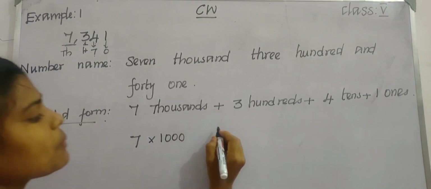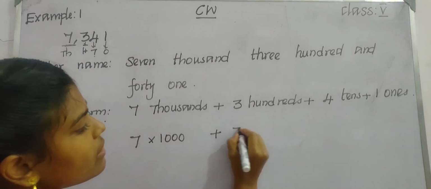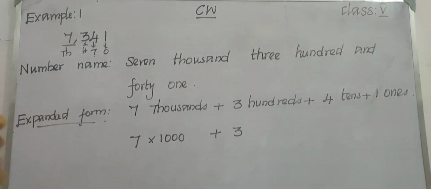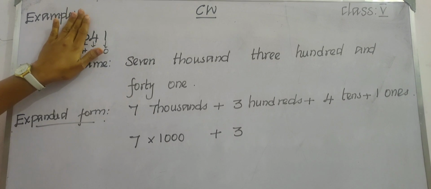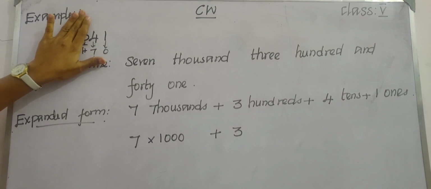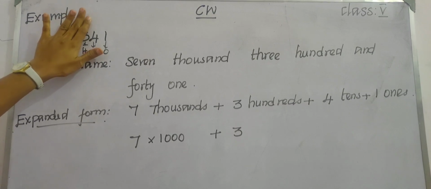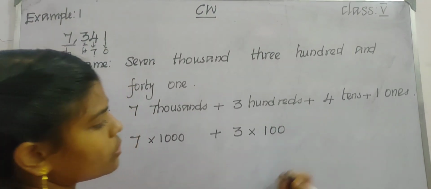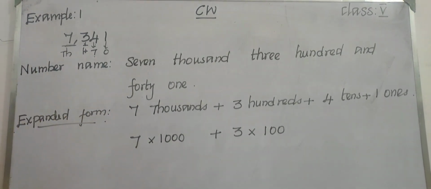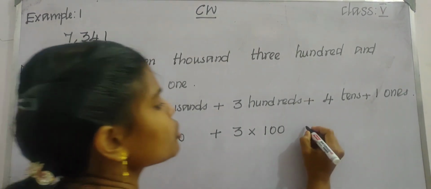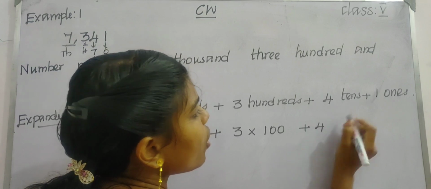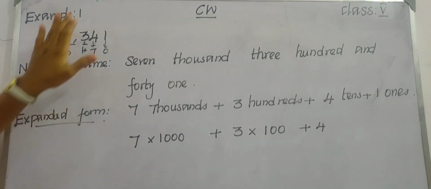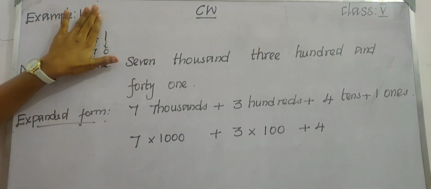And then put the plus sign and then we are having 3 hundreds, right? So just hide 3. Now count the digits 1, 2. So we need to have 2 zeros. So 3 into 100. And then 4 tens, put the plus and then 4 tens. So just hide 4. How many digits are we having? Only 1, right? So into 10.